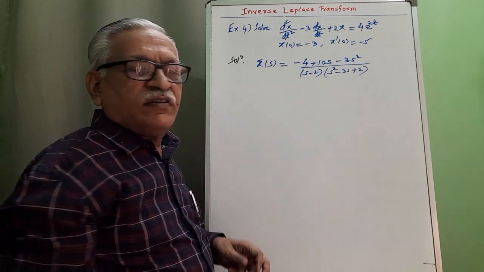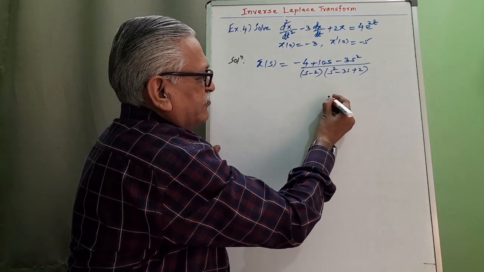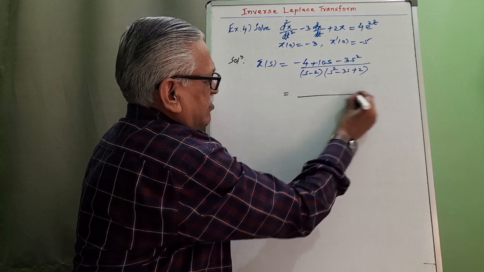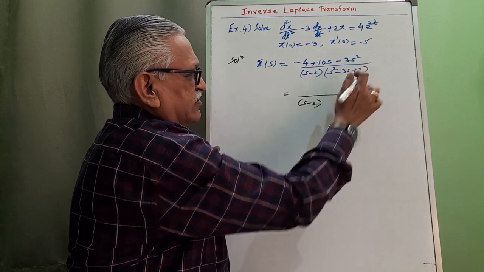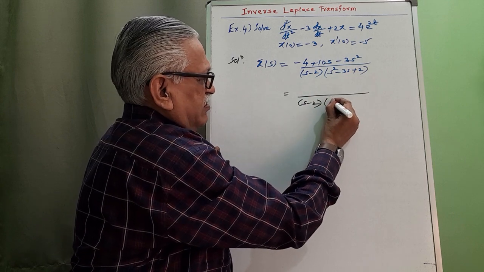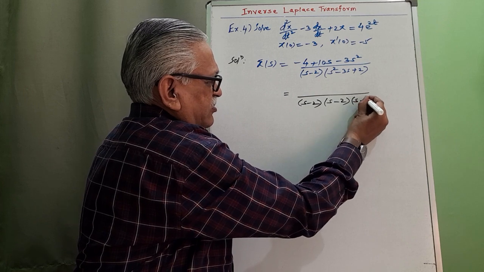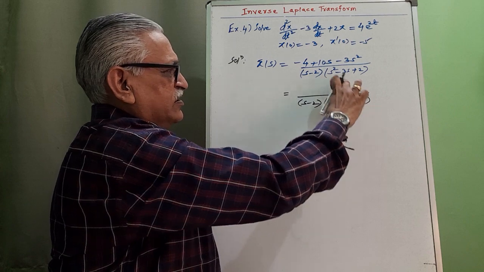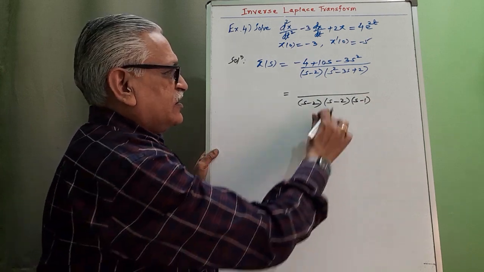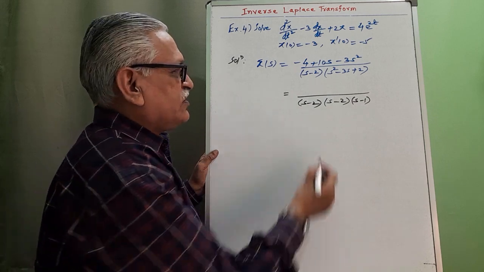We check, can we determine the factors for this? Therefore factors are s minus 2 and s minus 1. Product is 2 and sum is minus 3. Therefore, factors of s square minus 3s plus 2 are s minus 2 into s minus 1.